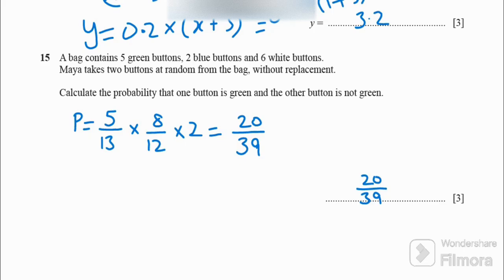So 5 over 13 for getting a green button over here. Then for the second one there is no green button, so we will do 6 plus 2, which will be 8. So 8 over 12, multiplied by 2 because it is done 2 times. So 20 over 39 will be the final answer for question 15.